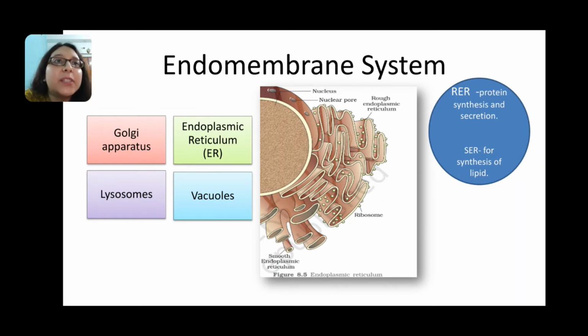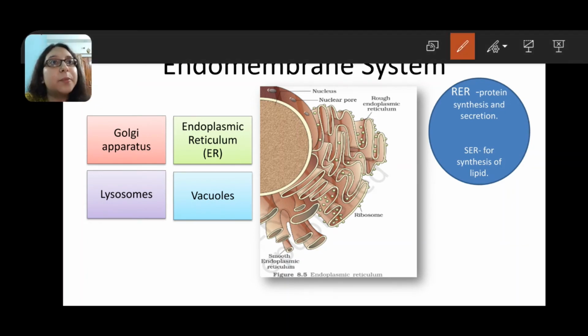Now, the endoplasmic reticulum is attached to the outer surface of the nucleus. These are in the structure of tubules, that is, they have a tubular structure extending into the cytoplasm from the outer end of the nucleus. When ribosomes remain attached to the outer surface of the endoplasmic reticulum, it is known as rough endoplasmic reticulum.